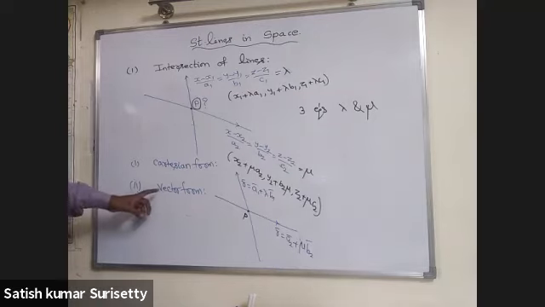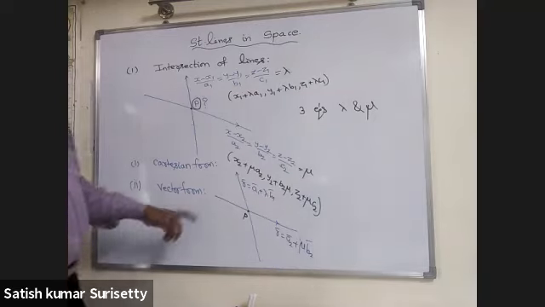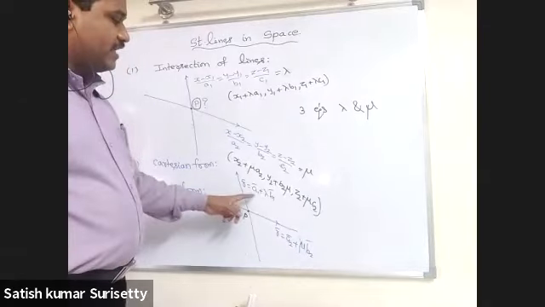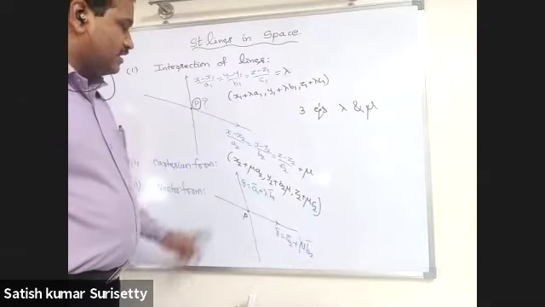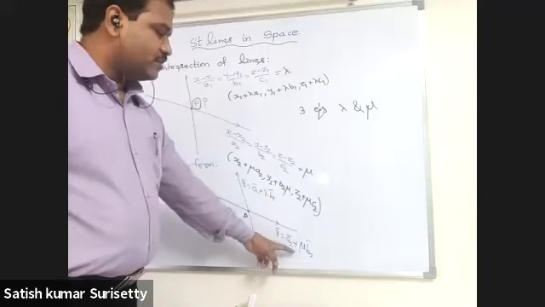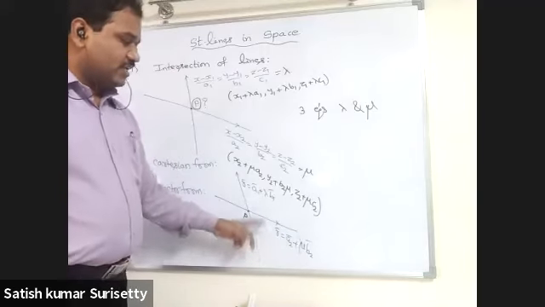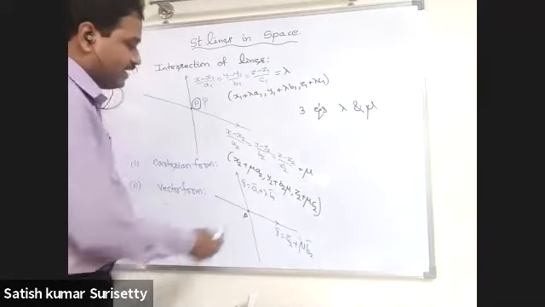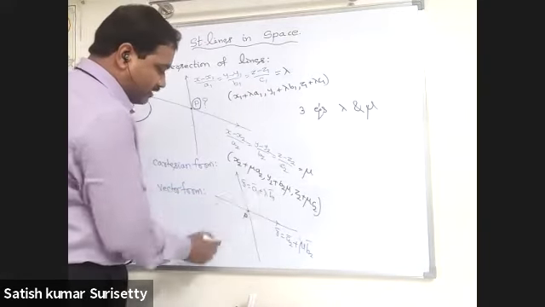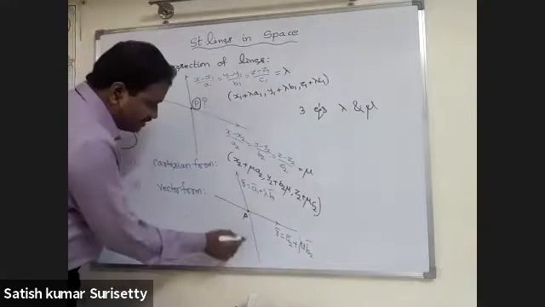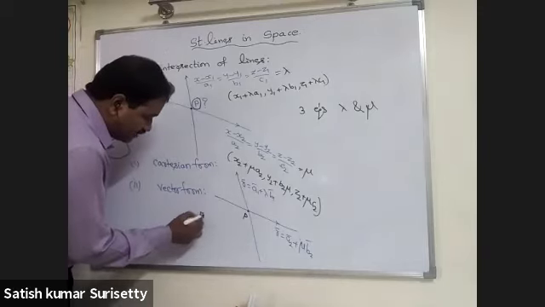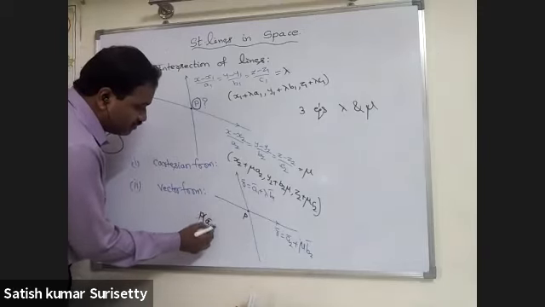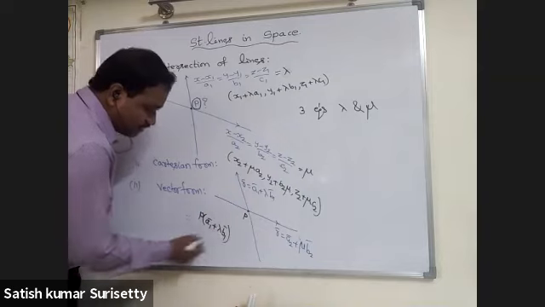Second form, that is vector form. Let the lines be r bar equal to a1 bar plus lambda b1 bar, and another line r bar equal to a2 bar plus mu b2 bar. Here also the same procedure. Take any point on line 1, p as a1 bar plus lambda b1 bar.